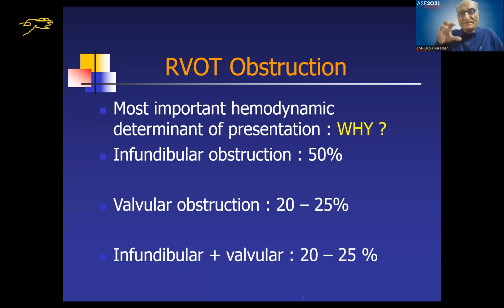So the more severe the pulmonary stenosis, the major strain is on the right ventricle because it tends to push the blood across the narrow orifice. So the higher the pressure, the more the right to left shunt.